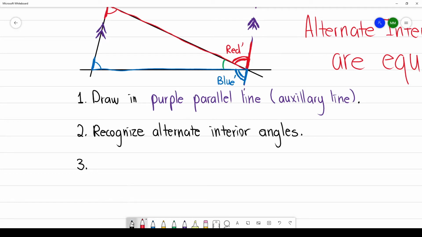So notice, now the third step is to notice that green plus blue apostrophe plus red apostrophe, what are they equal to?